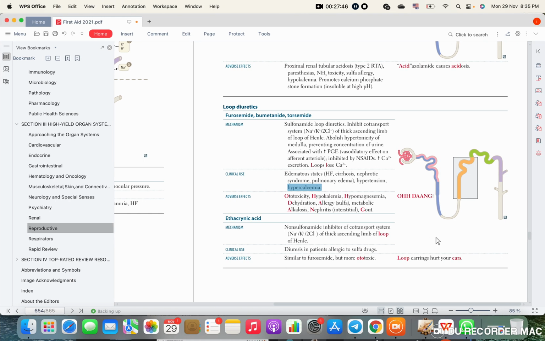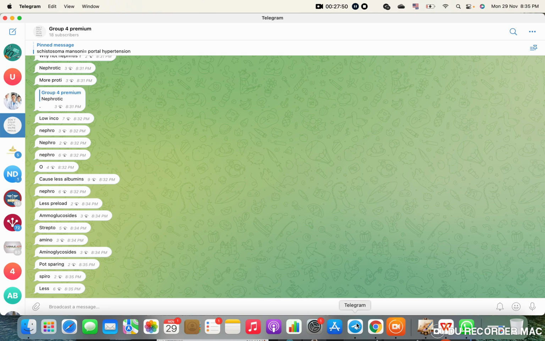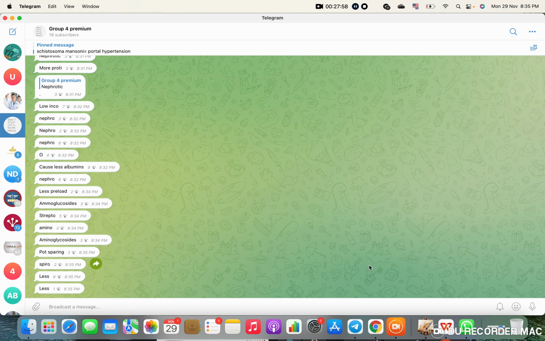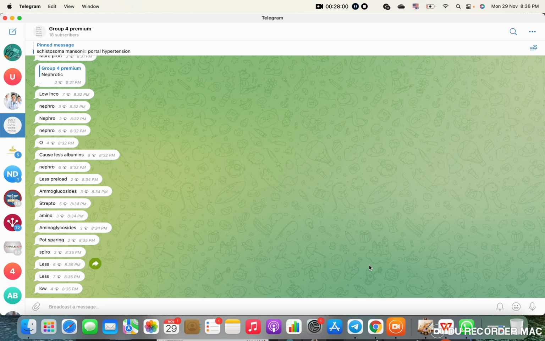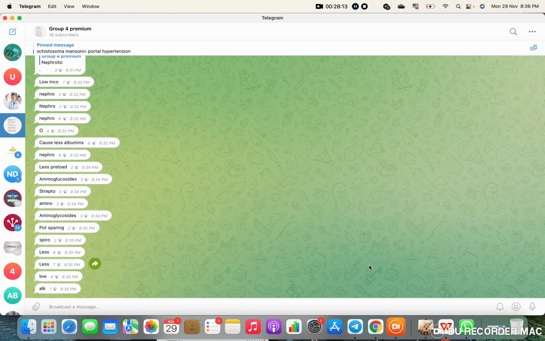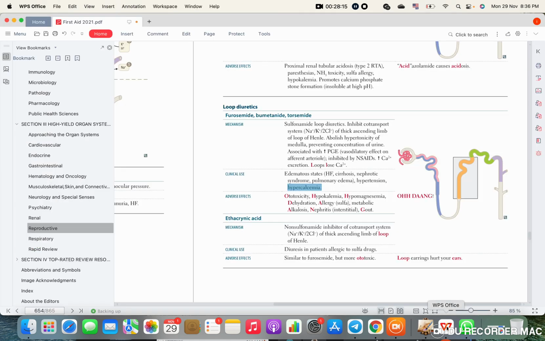Is it going to be high or low? Low. Okay, so if it's low, what is going to happen to hydrogen, his best friend? Low. Yeah. So if your hydrogen is low, are you going to have alkalosis or acidosis? Alkalosis. Good.